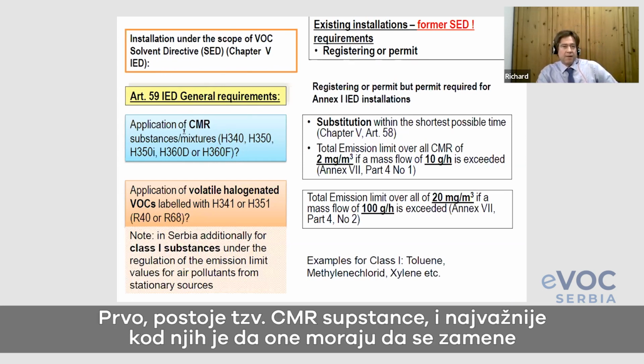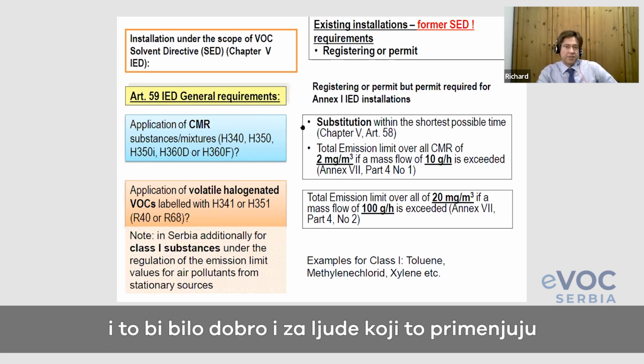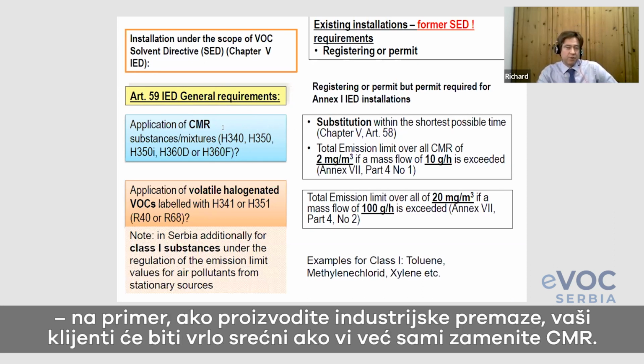So here are some important issues I want to stress, because that's really important for the paint manufacturing here in Serbia: the so-called CMR substances. Here, the most important thing is you must substitute them. That would be a good thing even for the users of your materials. For example, if you produce industrial coatings, your customer will be very happy if you already substitute the CMRs.